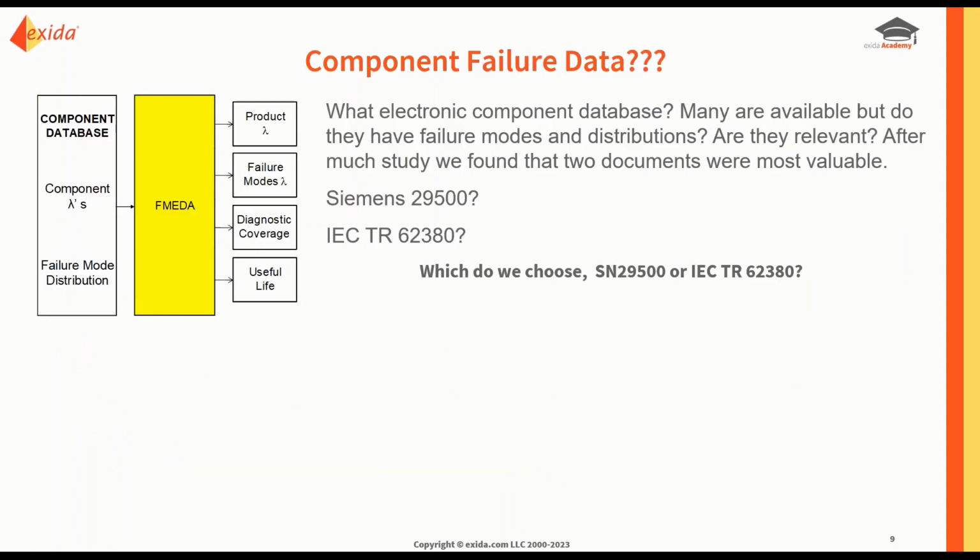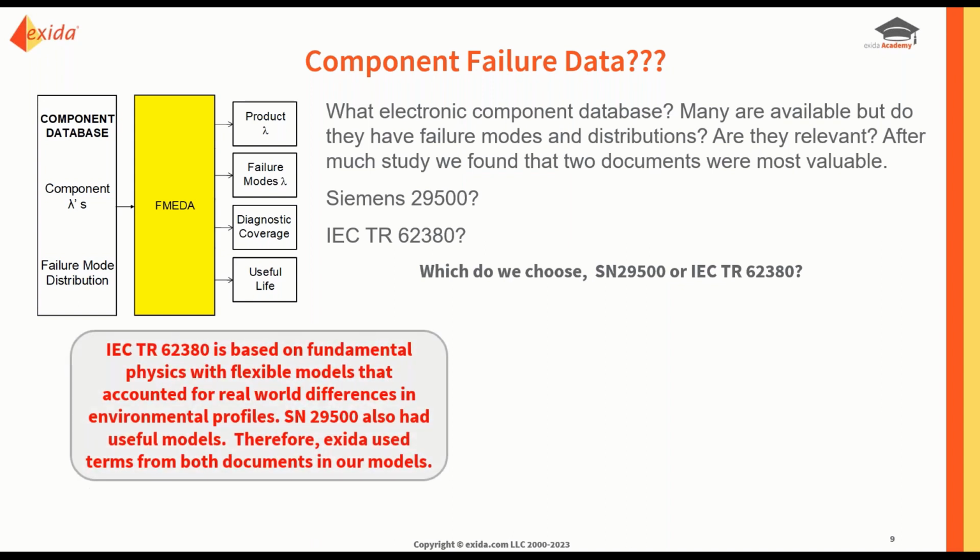But where did it all start with our component database, and where did the failure data come from? When Exida started looking at using a suitable database for doing FMEDAs, there were two main contenders at the time. We had the Siemens 29500 database and the IEC 62380 database.